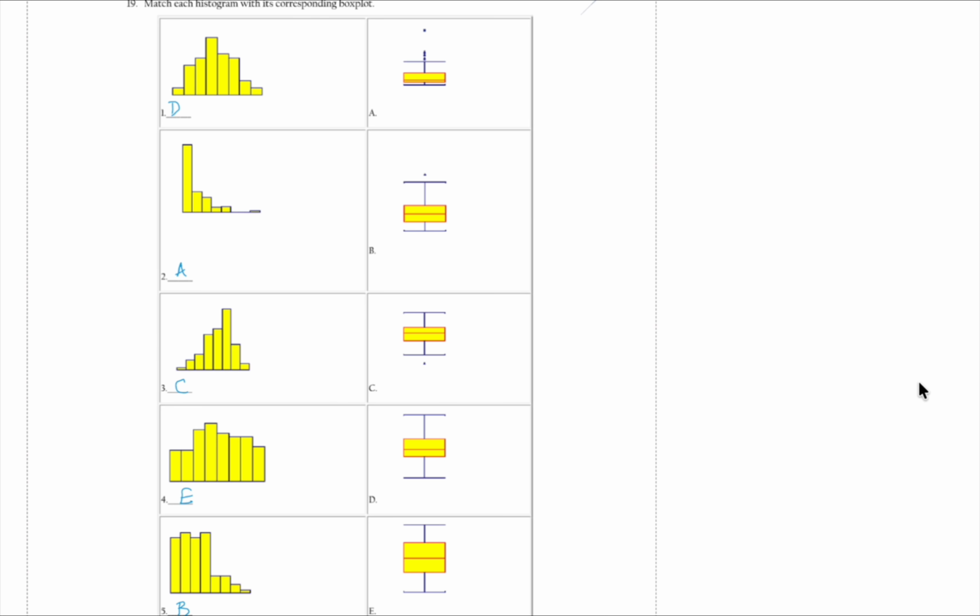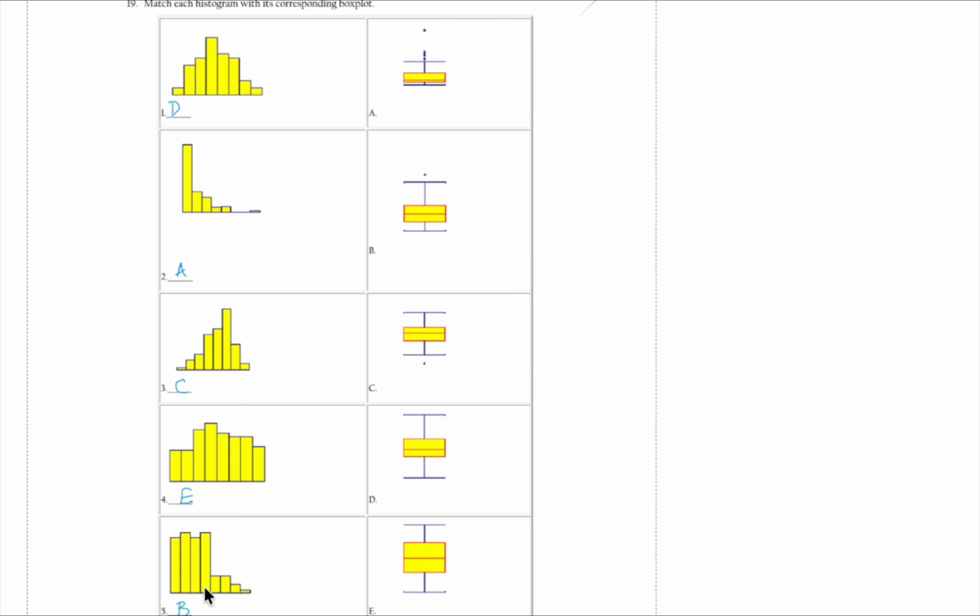And last but not least, the fifth one. Histogram 5 is also right skewed, but not as extreme as histogram 2, because for histogram 2 there's a very tall bar that is quite different from all of the other bars, which makes it even more strongly right skewed.